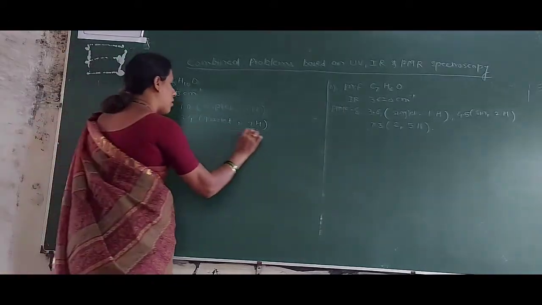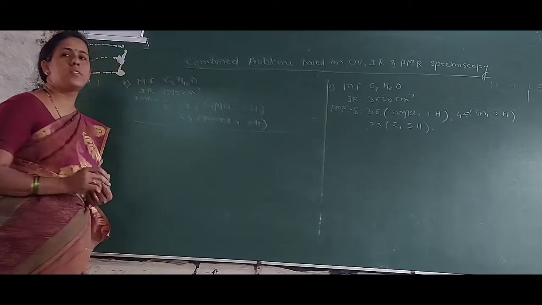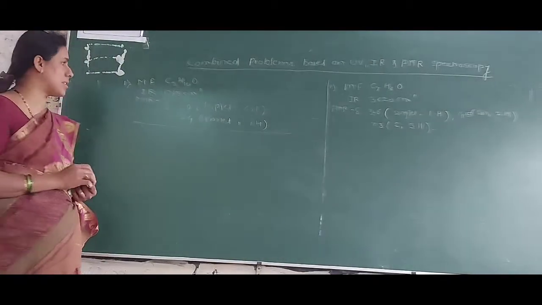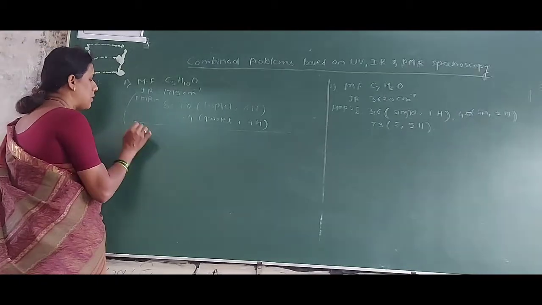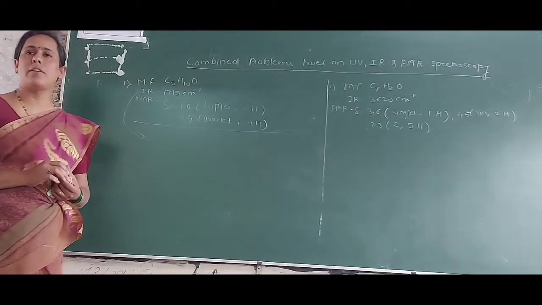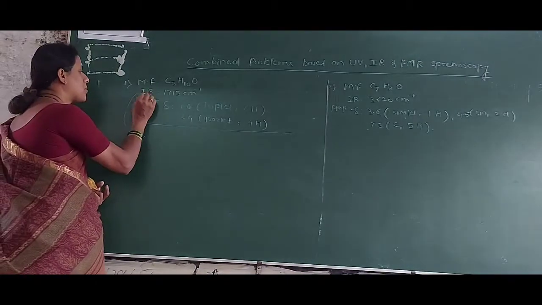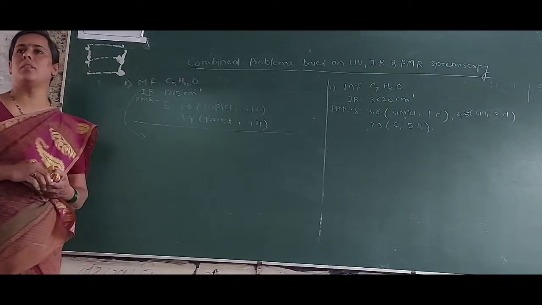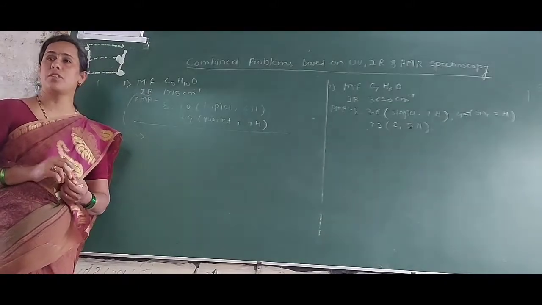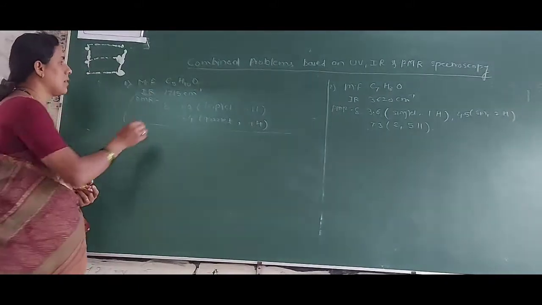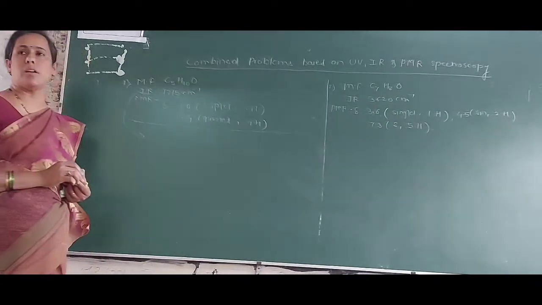Now, in order to solve the problem, first you have to pay attention to the IR frequencies. IR spectroscopy deals with the study of functional groups at their respective frequencies, which are denoted in centimeter inverse.